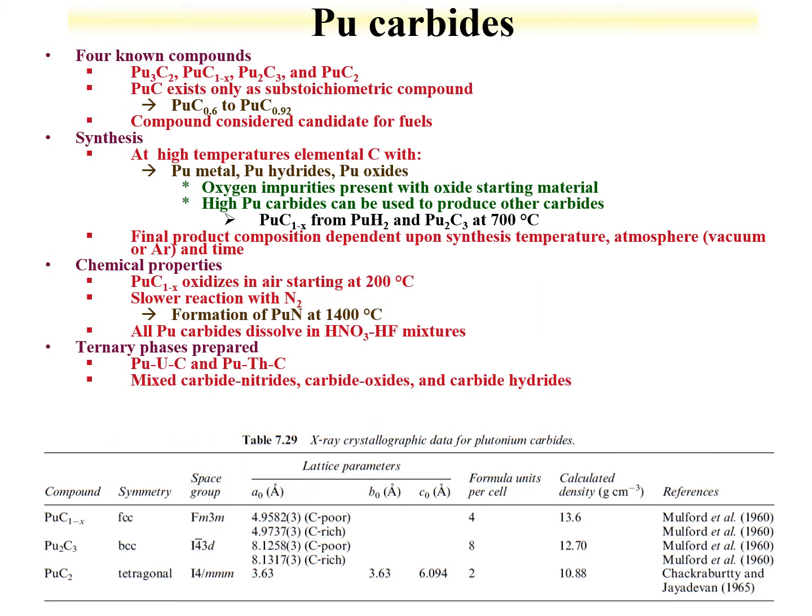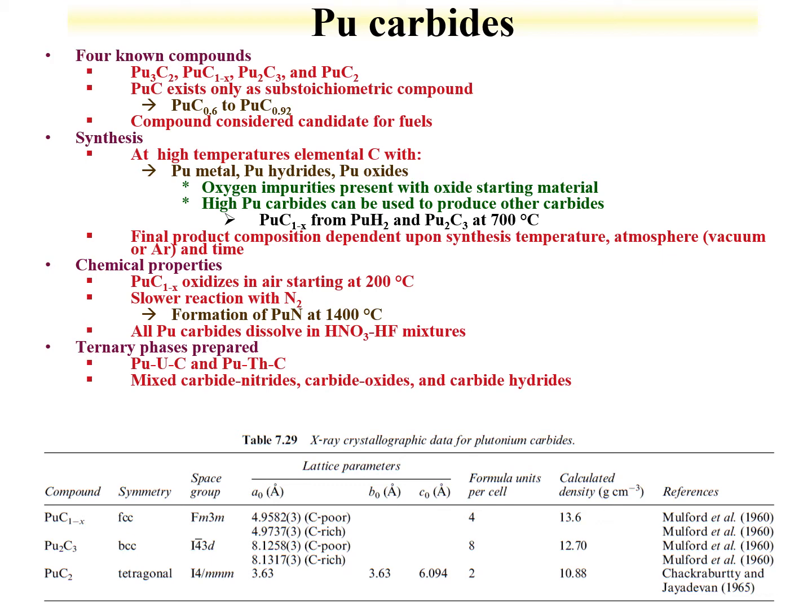Other plutonium compounds are the carbides. Carbides have been proposed as nuclear fuel. There are 4 known plutonium carbides listed here. The plutonium monocarbide exists only as a substoichiometric compound, so PuC 0.6 to just a little bit below 1. And these, as I stated earlier, are considered candidates for fuels.